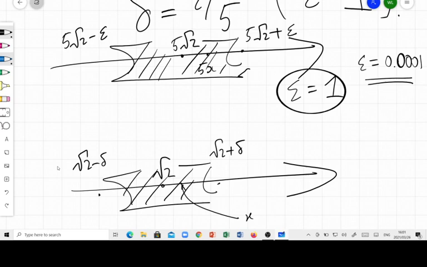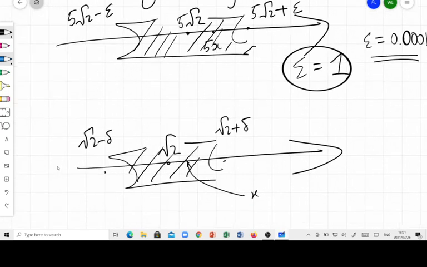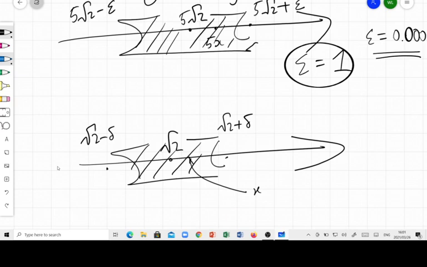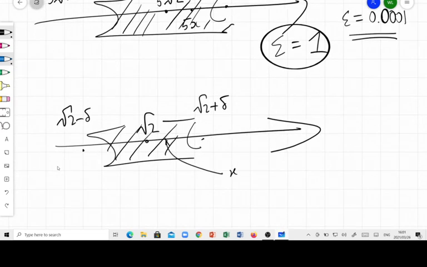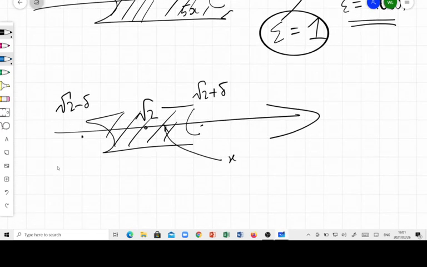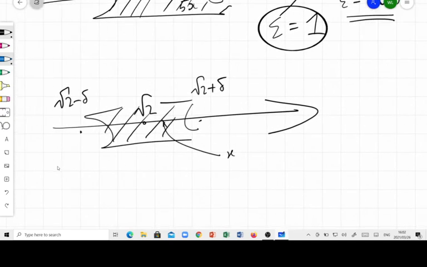In order for my 5x to lie within 0.0001 of 5 square root of 2, give me a delta where my x must lie within square root of 2 in order to get my 5x to lie within that of my 5 square root of 2.